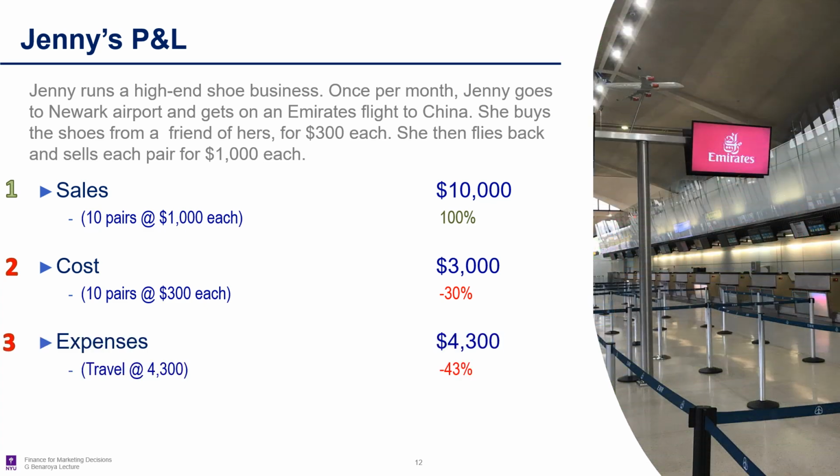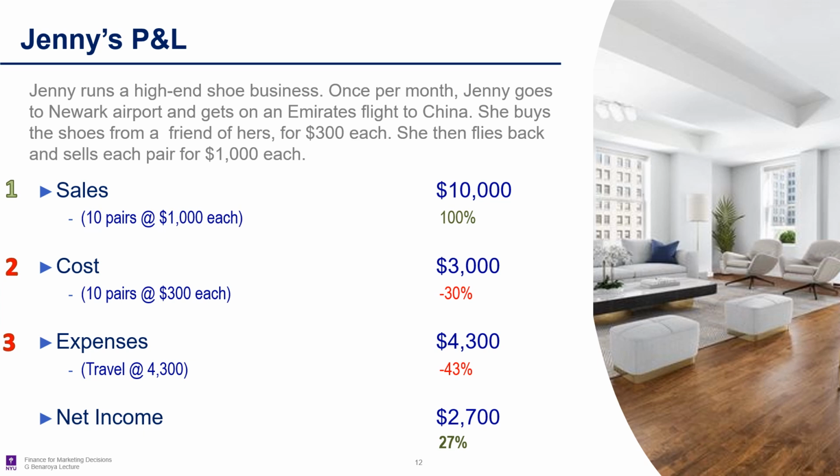And we also said that she flies business on Emirates. So her traveling costs are $4,300 or 43%. You will see on the next slide that these ratios have a reason. And so the difference, what she gets to keep, is her net income or profitability of 27% or $2,700.